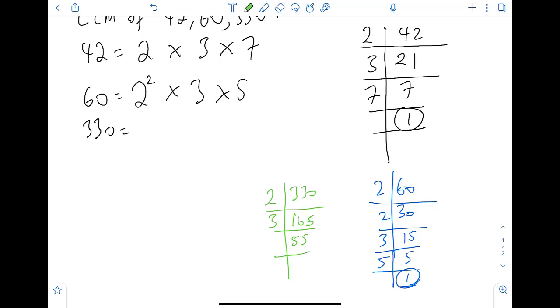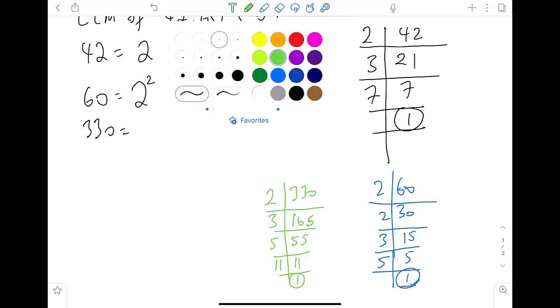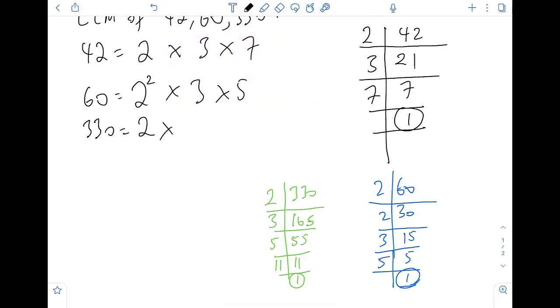The next prime number to try is 5. 55 divided by 5 is 11. 11 divided by 11, you get 1. So 330 is 2 times 3 times 5 times 11.